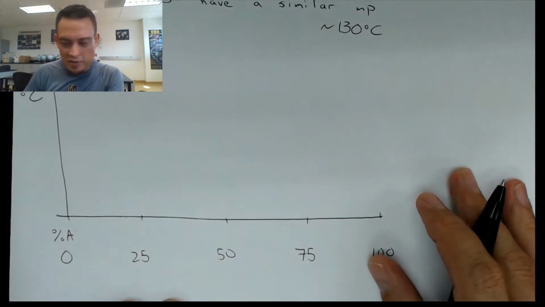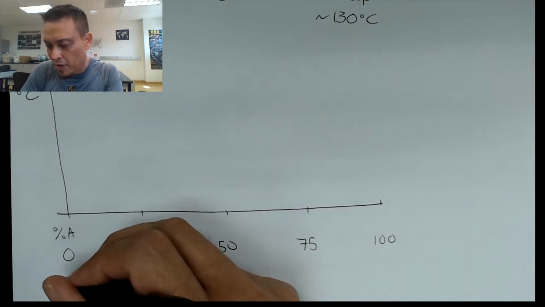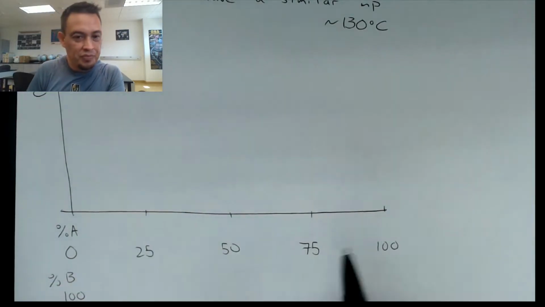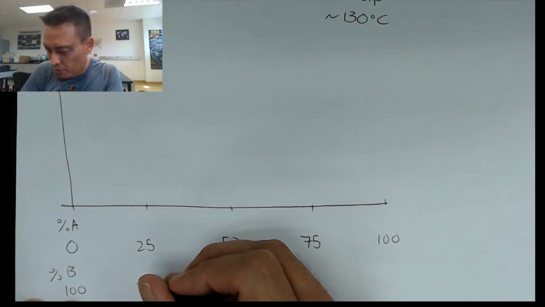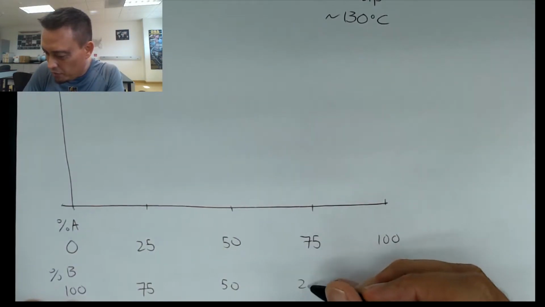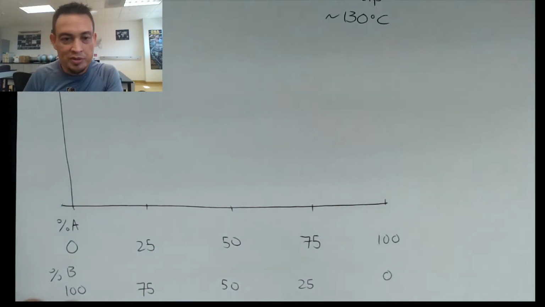And you can think of it with percent B, where the order would just flip. So at 0% A, it would be 100% B. And then the next ones would be 75, 50, 50, 75, 25, and then lastly it's just pure A, so 0% B.